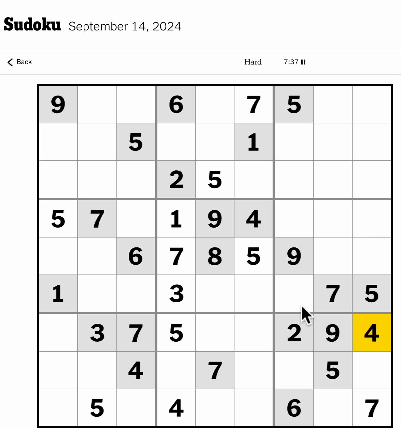Can 4 be here? I guess, yeah, it can be. So these are 1, 3, 8, and these are 1, 6, 8. 1 blocks here, this 1 blocks here, gives me 1 here. These are down to 6 and 8.